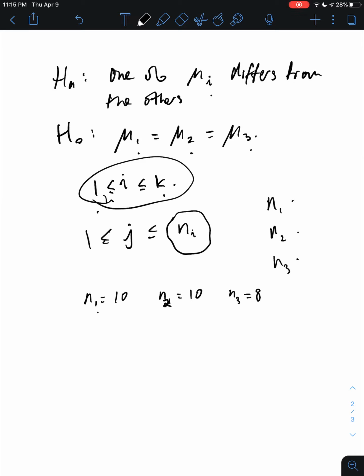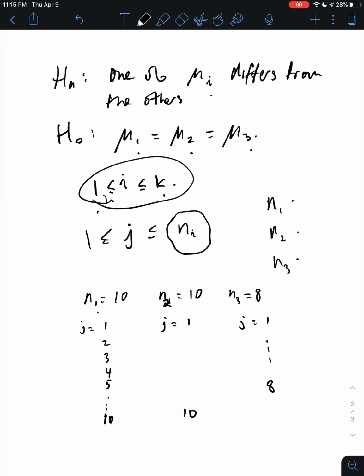And then here I have J is 1, 2, 3, 4, 5, 6, 7, 8, 9, and 10, all the way down to 10. Here J can vary from 1 to 10, and here J can only go from 1 to 8.